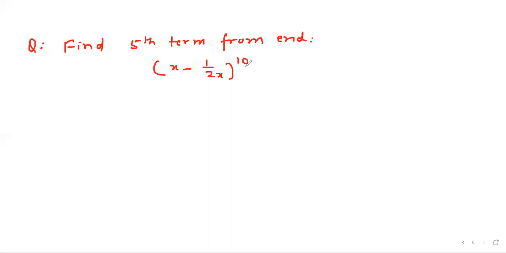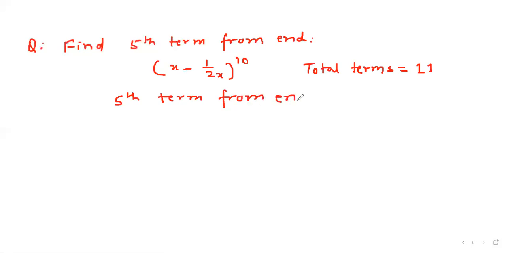So here the total number of terms is n + 1, that is 11. So the fifth term from the end is equal to the seventh term from the beginning.